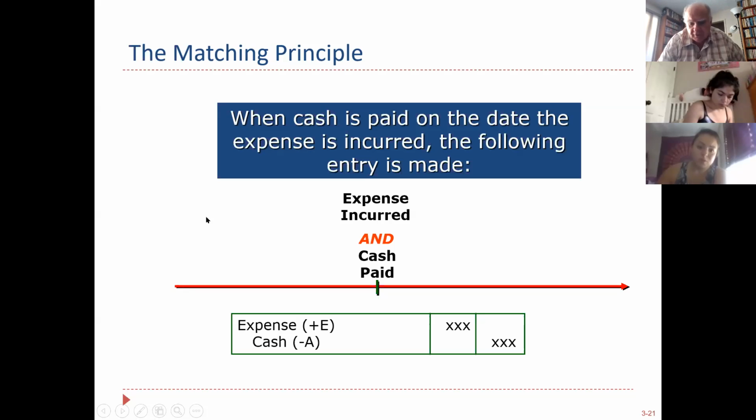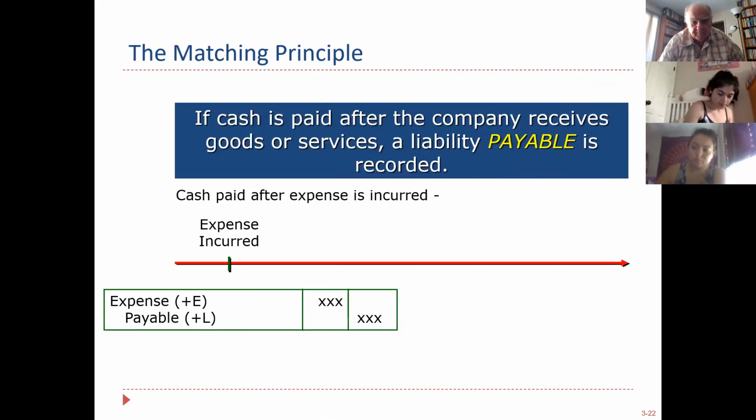That just means that the cash and the expense happen to occur at the same time. But more likely, when you got the electric bill or telephone bill or whatever it was, you're going to pay it later. But you still have to recognize that expense. You are matching that expense to whatever the sales were that month, right? And you are crediting the liability called accounts payable.